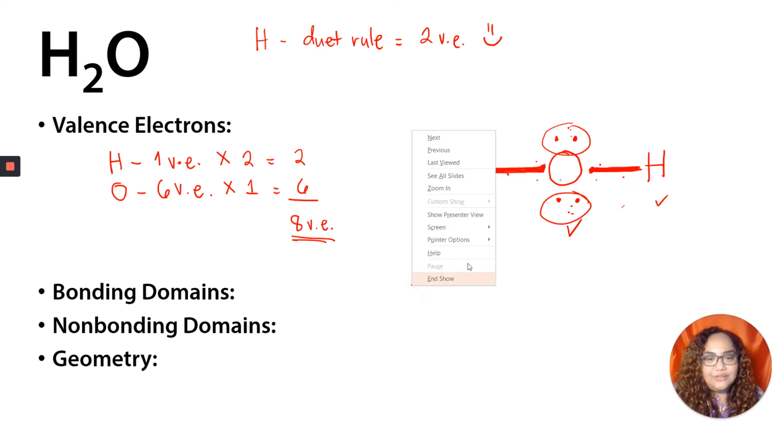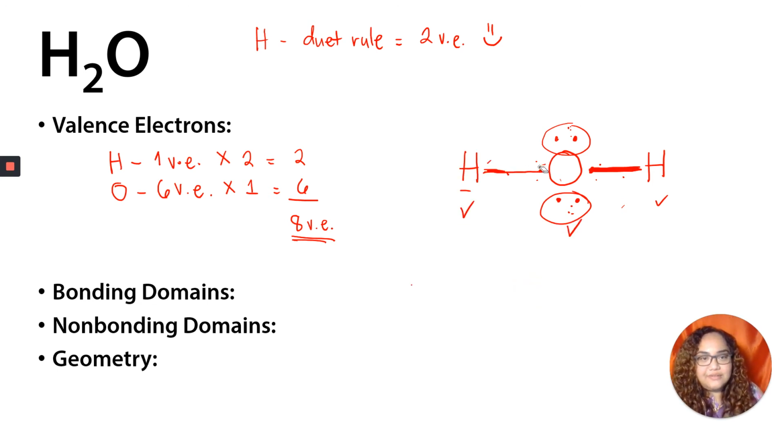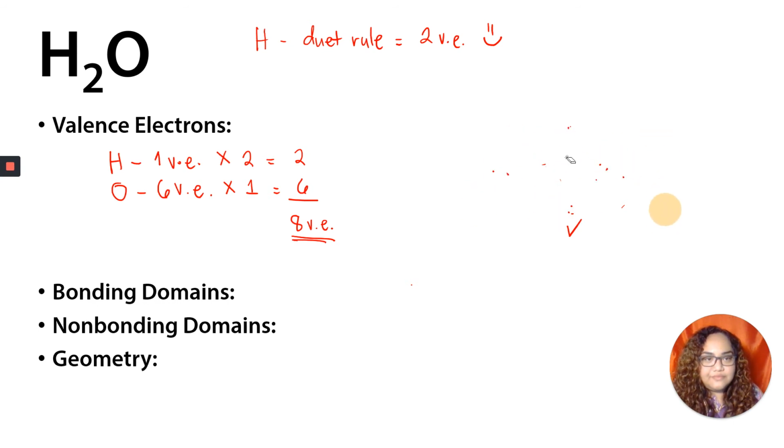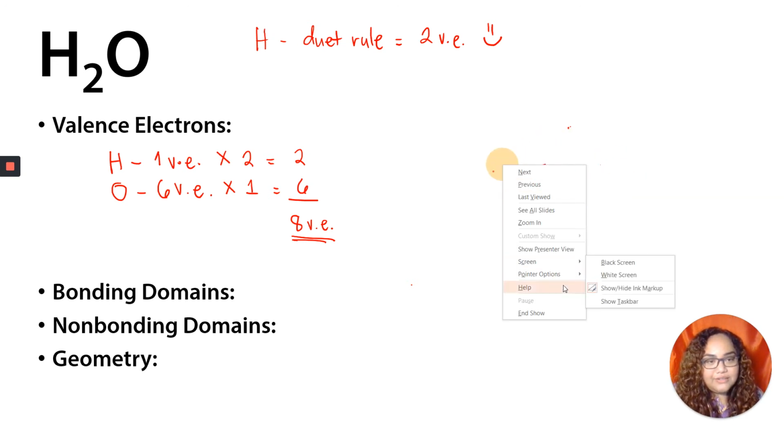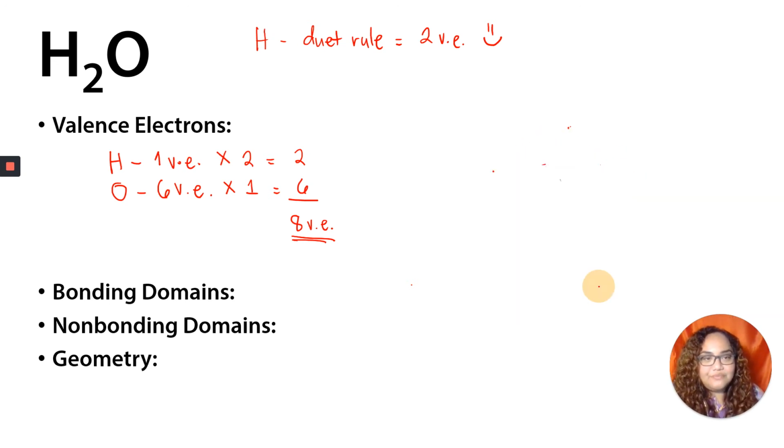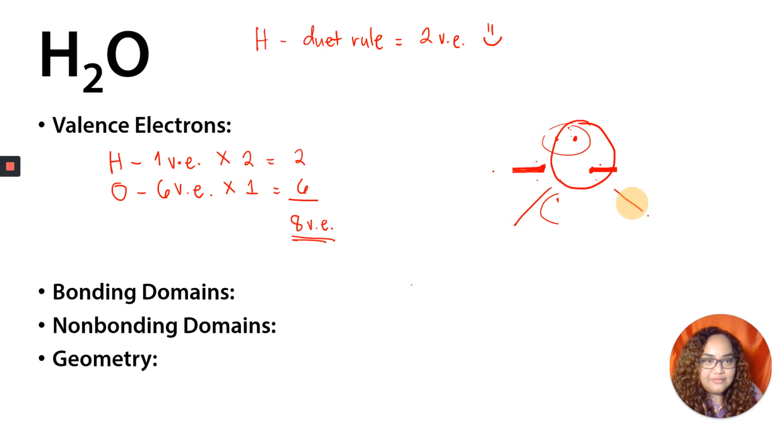So how would that look like? So let's see. So it would look like this one. So you have oxygen here, you have a bond here.